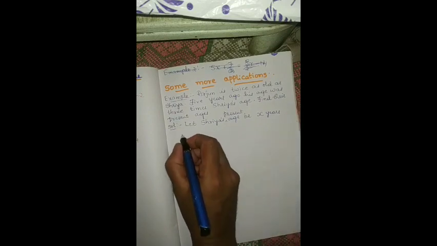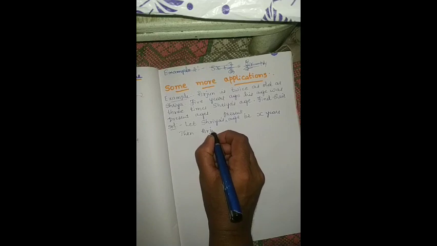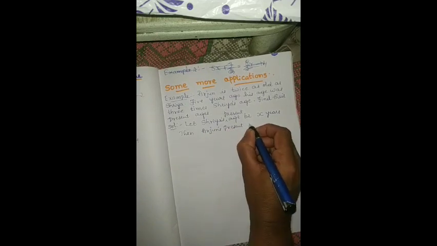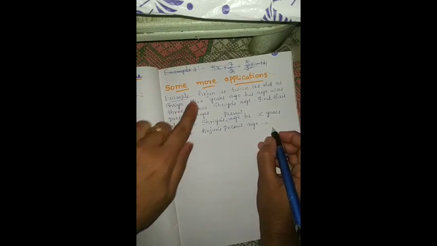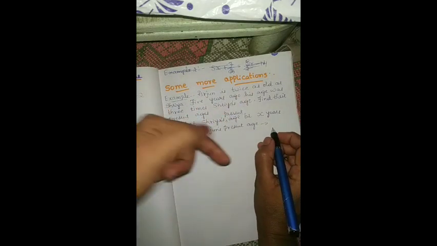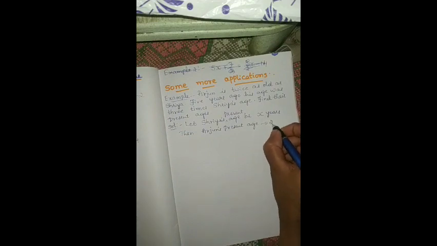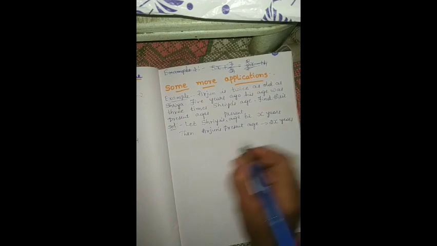Understood? Then Arjun's present age will be how much? Arjun is twice as old as Shriya, twice means 2 times. So, it is 2x years. Correct, no? Yes.